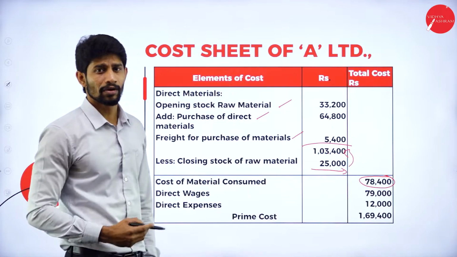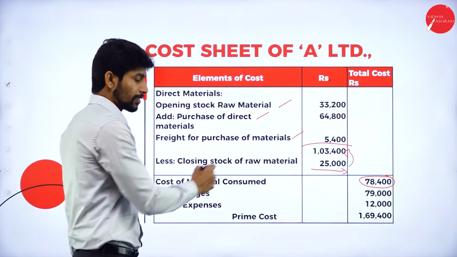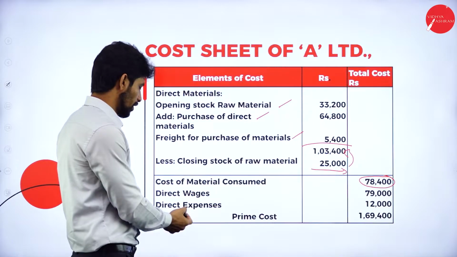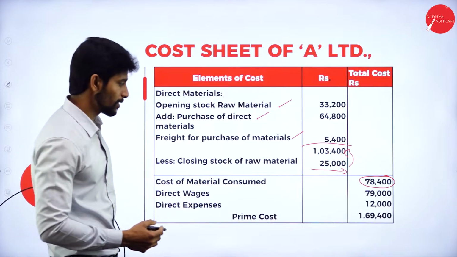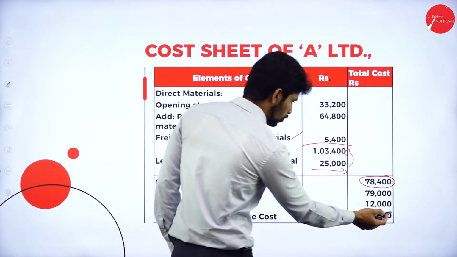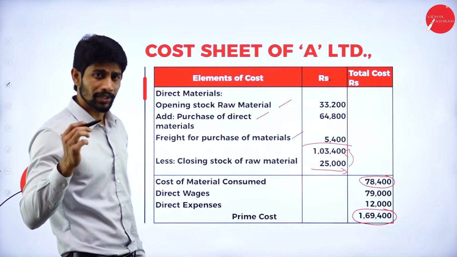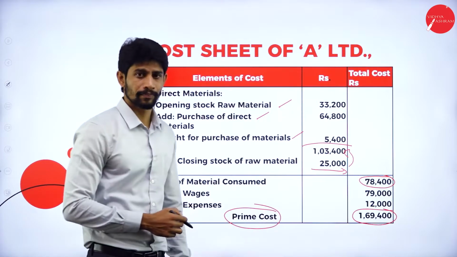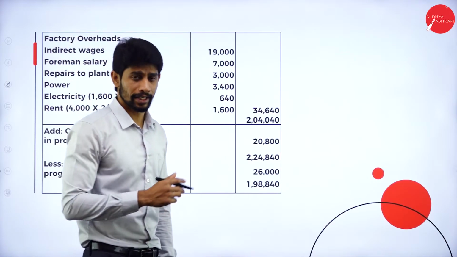That 78,400 is called cost of materials consumed. Next take direct wages and direct expenses, you will get the total of these three items, that is 1,69,400. That 1,69,400 is called prime cost.